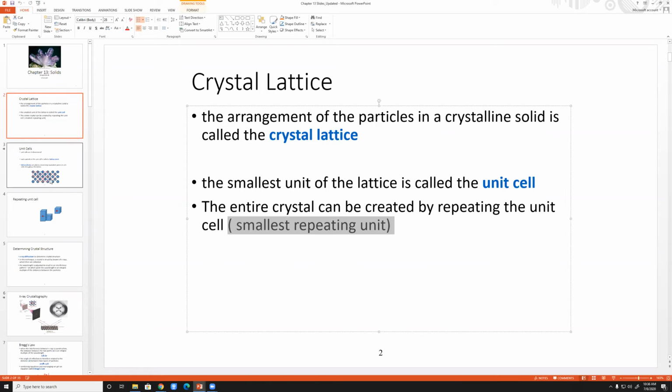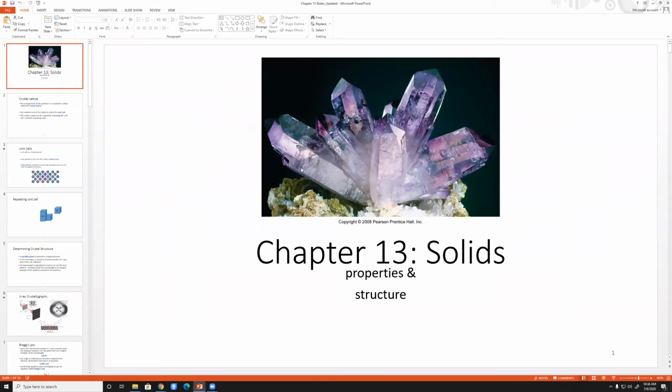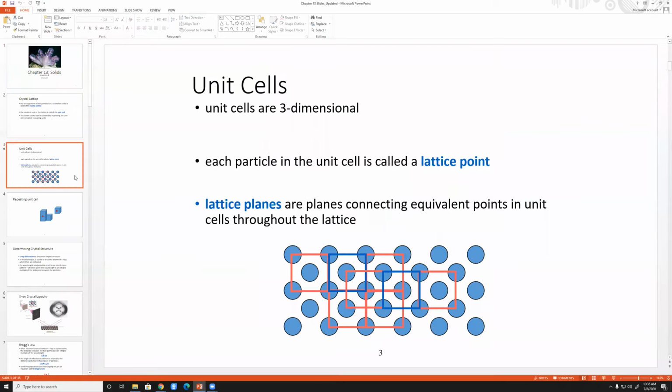So it's basically breaking down the three-dimensional structure of a crystal, just like this one, into its atomic form and seeing how they form. And there are different ways of representing them. There are different types of lattices, and they're called unit cells.